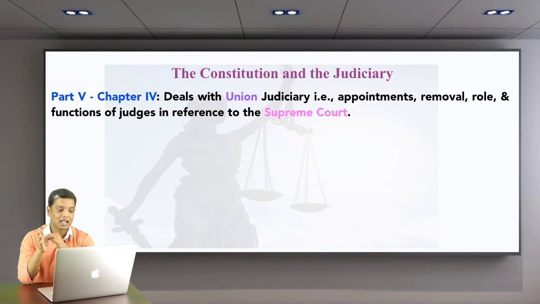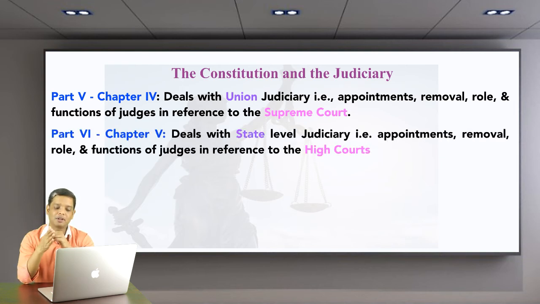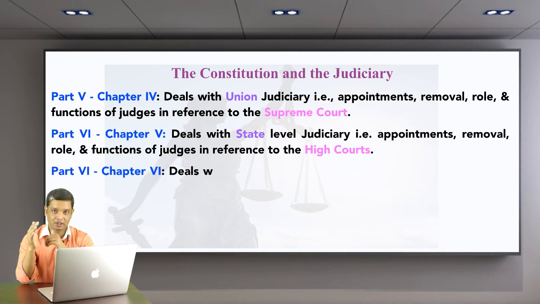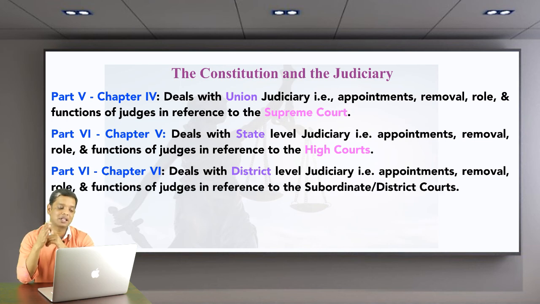Part 6, chapter 5 deals with the state level judiciary, that is appointments, removal, role and functions of judges in reference to the high courts. Part 6, chapter 6 deals with the district level judiciary, that is appointments, removal, role and functions of judges in reference to the subordinate or district courts.